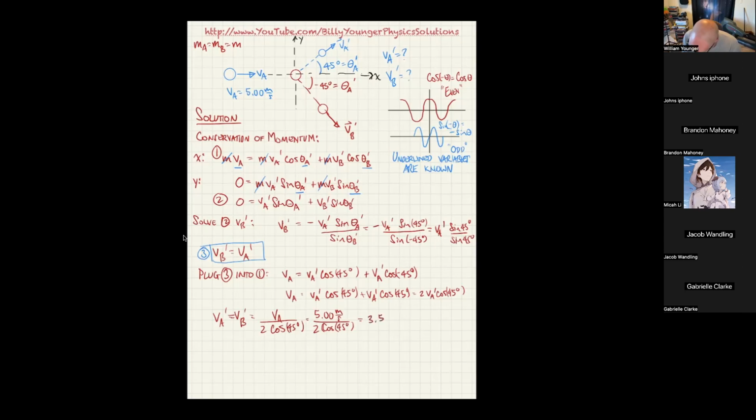And that's one extra sig fig, of course. And it's 3.535, so I should technically call it 3.54 meters per second. And that's with one extra sig fig. And that's our answer. Any questions on that?